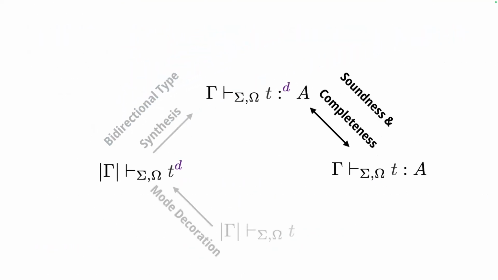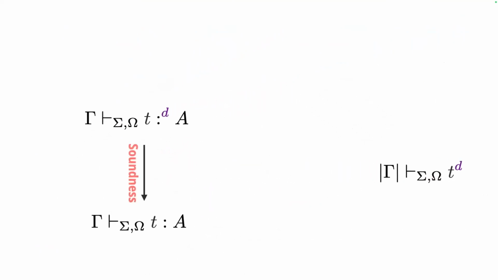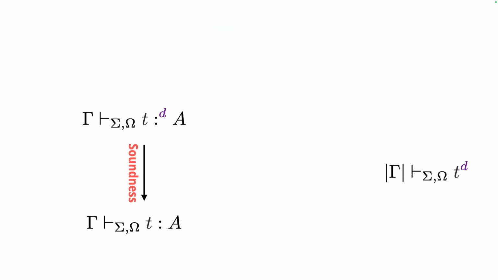Okay. So far we have basically sketched what's going on with this bidirectional type synthesis. Of course, if we actually derive a bidirectional typing derivation, then we can just forget the modes and get the ordinary typing derivation.